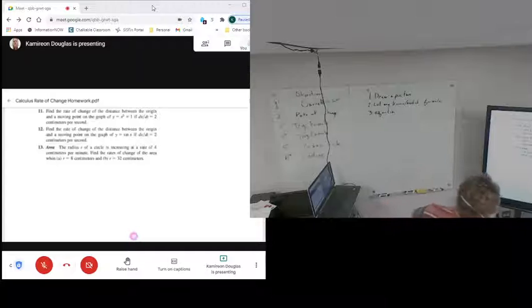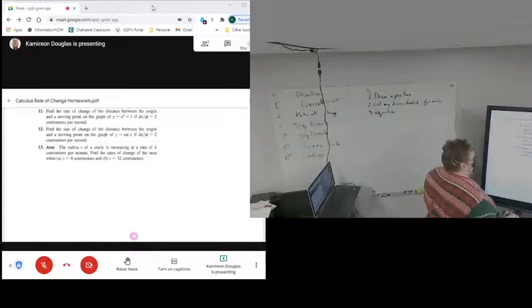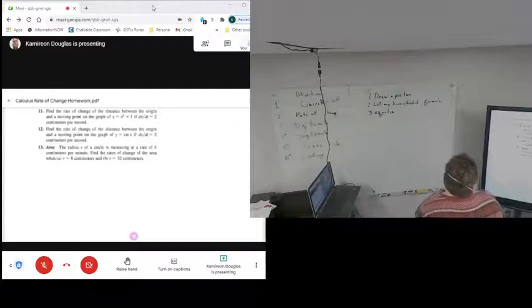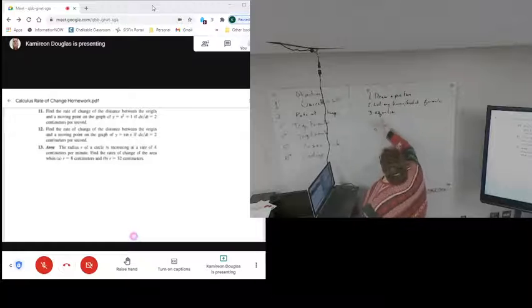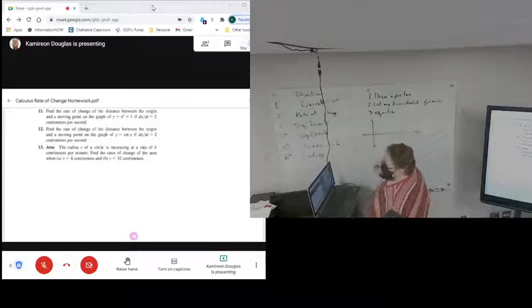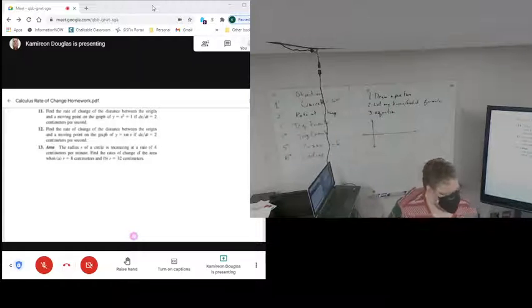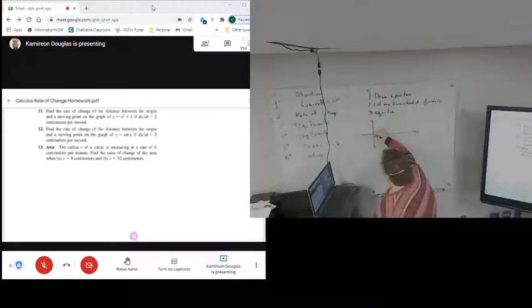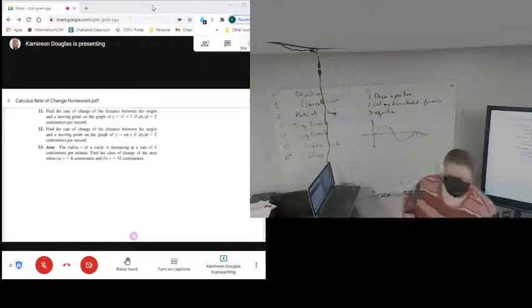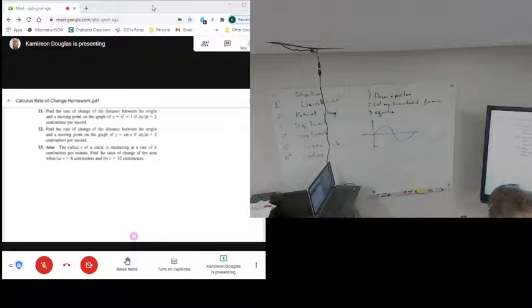Number 12 says, find the rate of change of the distance between the origin and a moving point on the graph of y equals sine of x if dx/dt is equal to 2. So let's list some things out. First, I'm going to start with my picture. From trig, standard sine function. It's beautiful, I know.